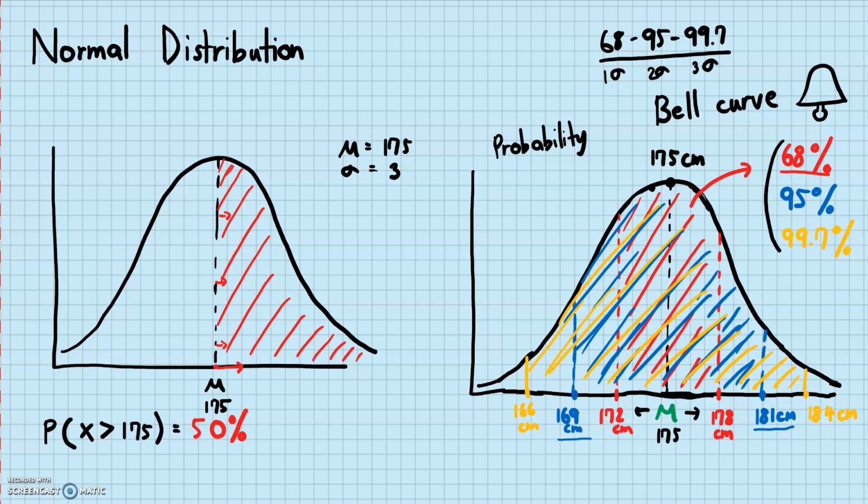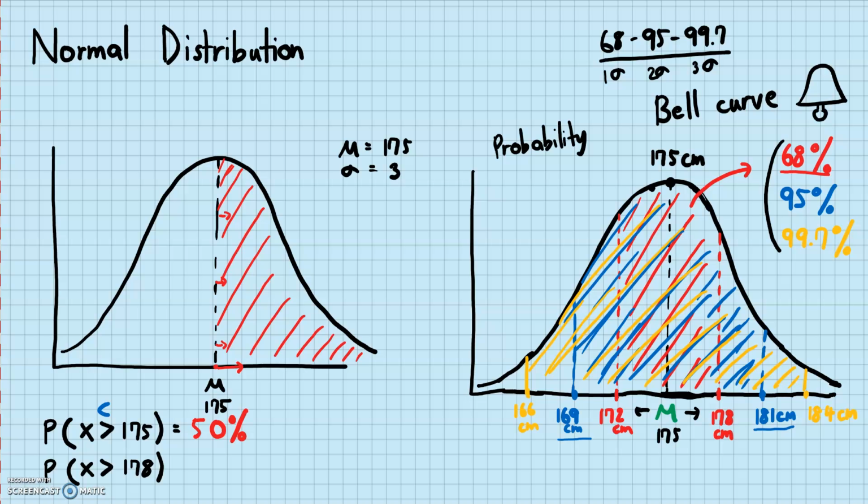And the same thing would be true if we did less than, right? Let me use a different color here. If we did less than, then we would calculate this whole area here, which is also going to be 50. Okay, now if we are to be more specific, for example, if I want to say probability that x is greater than 178.